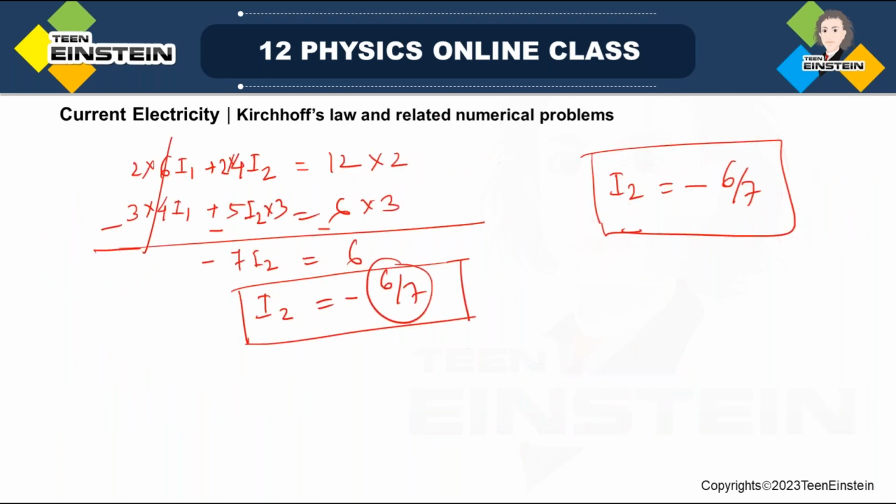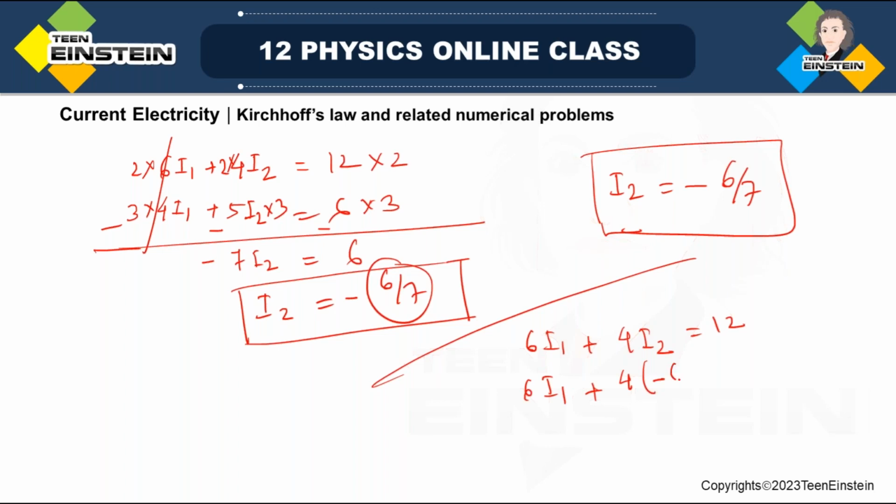Now we have got one current, then we have to find out the other current also. So I have 6I1 plus 4I2 is equal to 12. I can actually use this here: 6I1, 4 into 6 by 7, this is 12.